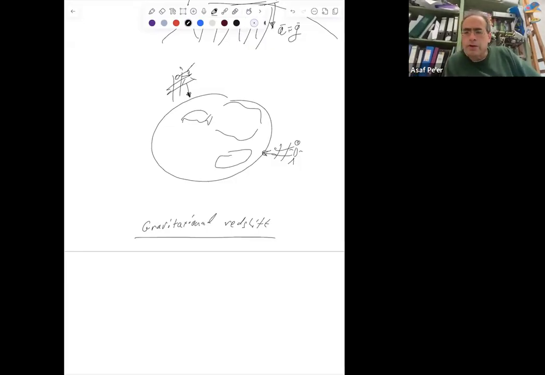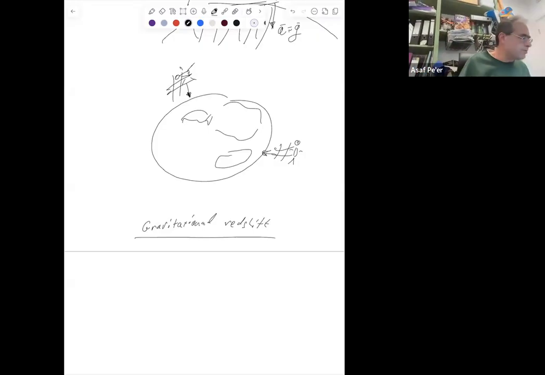In this course, we're going to learn about two separate sources of redshift. One is called the cosmological redshift, which is due to the fact that the universe expands. We will talk about that towards the end of the semester. And the second is what we're doing now, which is called the gravitational redshift, which is a direct consequence of the equivalence principle.